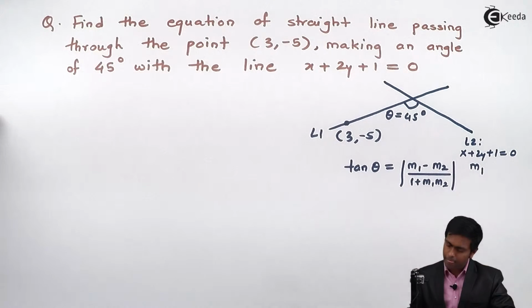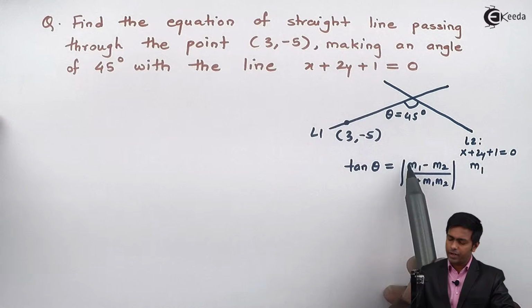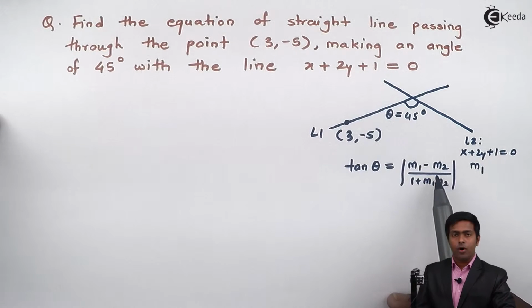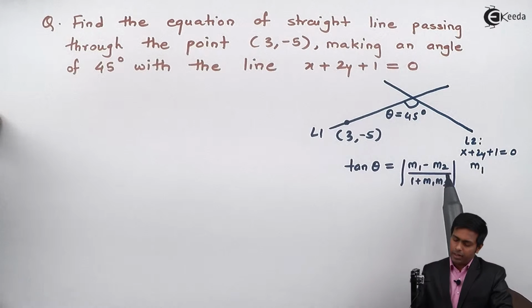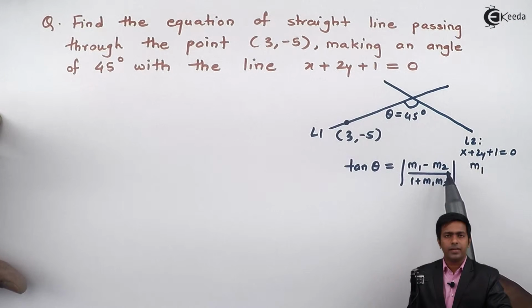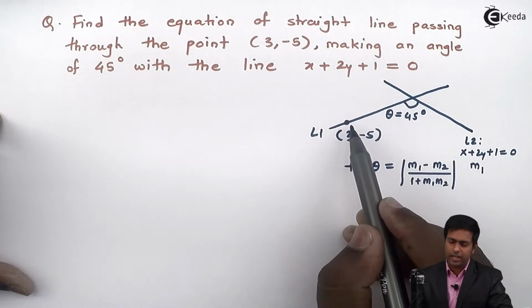So by using this relation we can substitute the value of m1 and theta and we can get the value of m2. So this m2 is nothing but the slope of the other line. Here the other line is L1, so we can get the slope of this line.